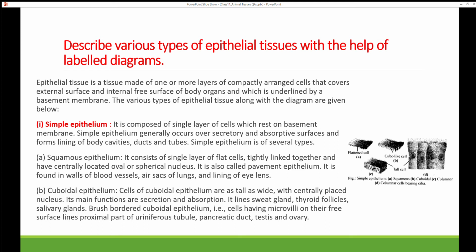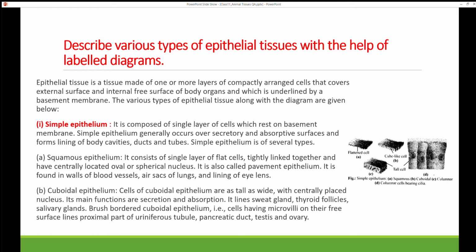These simple epithelia are present in body cavities, ducts and tubes. The squamous epithelium is generally present in blood vessels, air sacs and lungs. It is a single layer of flat cells tightly linked together.